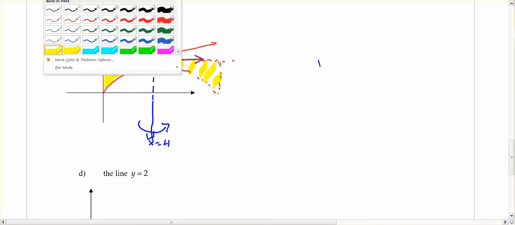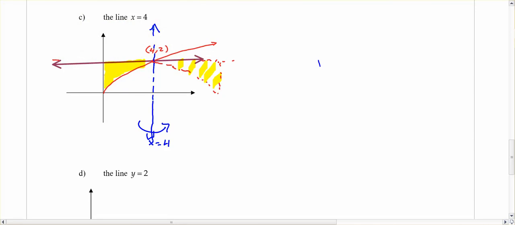Let's look at one of our washers. Actually, this is going to drive me crazy if I don't fix it. Okay, that's better. And here is one of our washers, one of our cross-sectional washers. Hopefully you can see it. Okay.